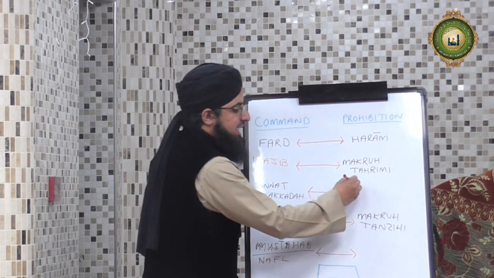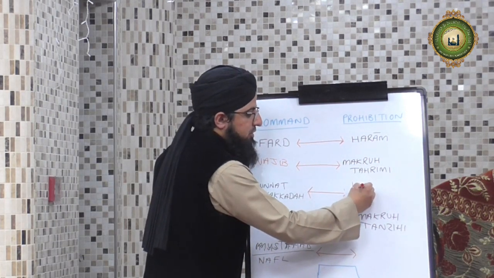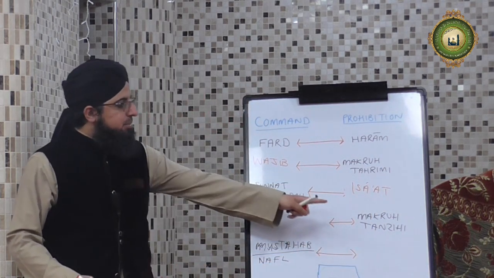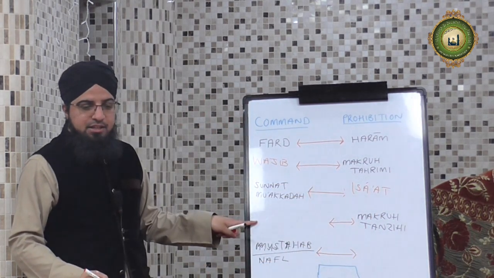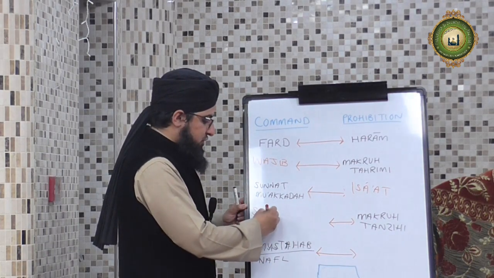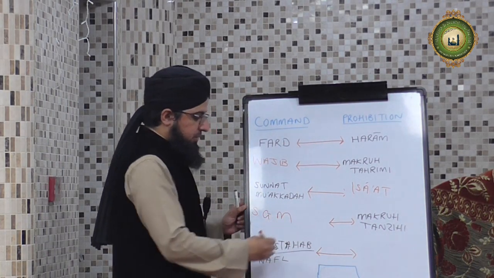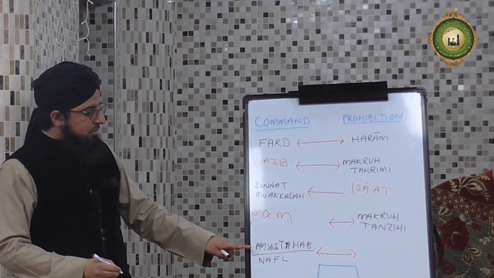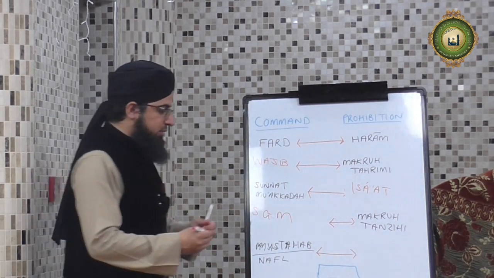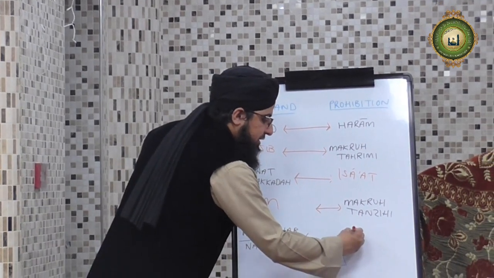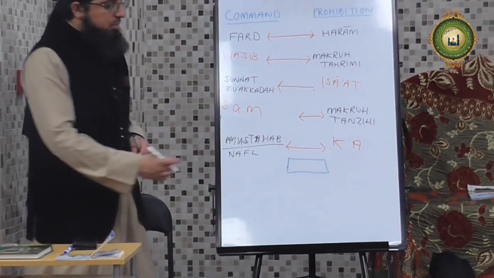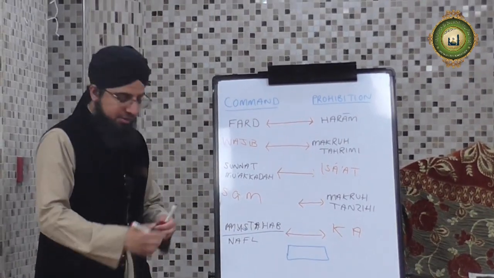MashaAllah, very good. What's the opposite of makruh tanzihi? Sunnat al mu'akkada. What's the opposite of mustahab and nafl? Khilafi awla. Very good. And what comes here in between? Mubah. Excellent.